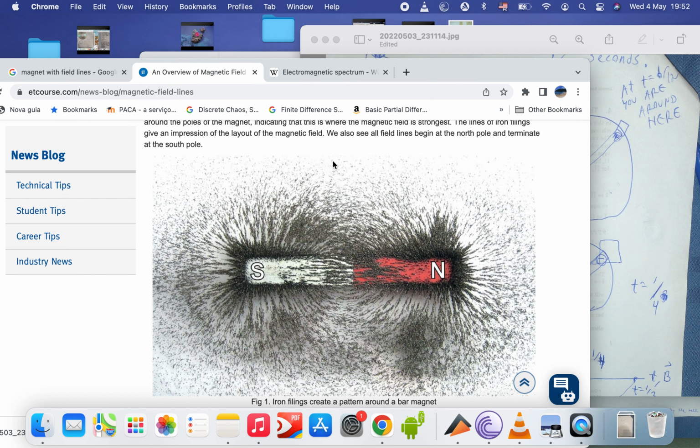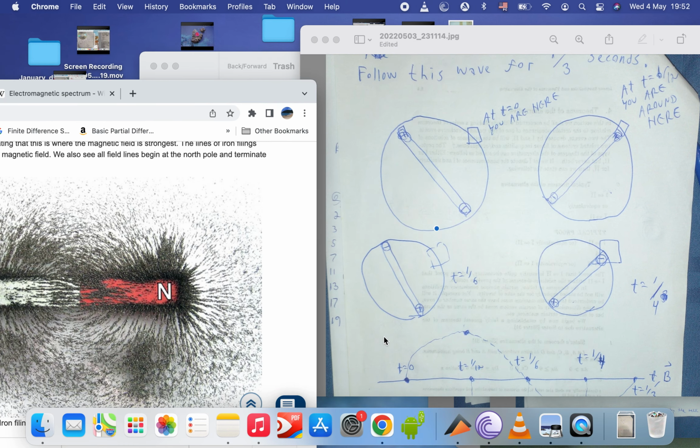So we're going to go from zero fields to lots of fields, very, very quickly. We're going to write that in right here as moving from a zero magnetic field to a maximum magnetic field.